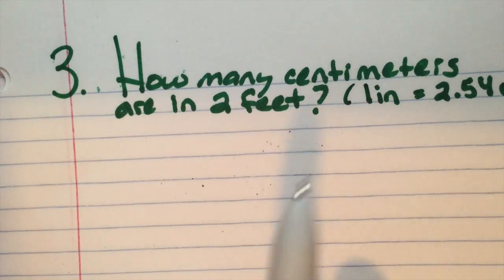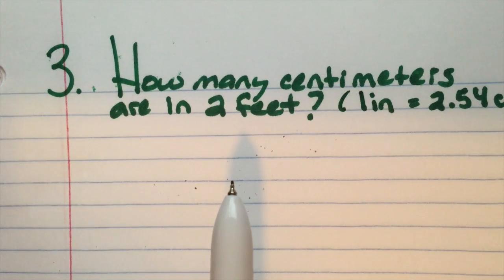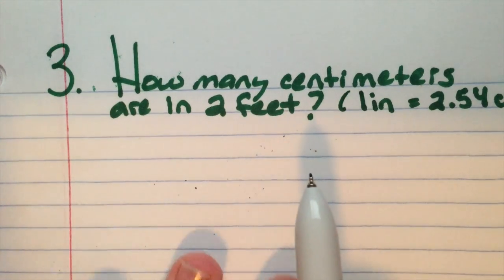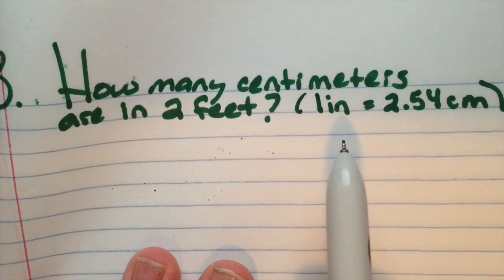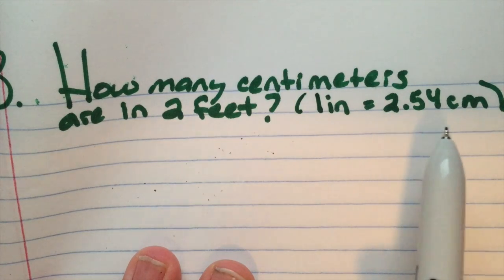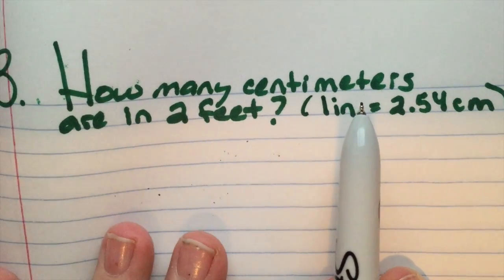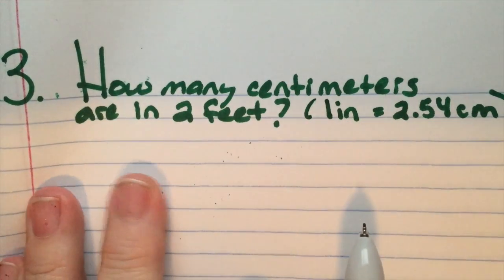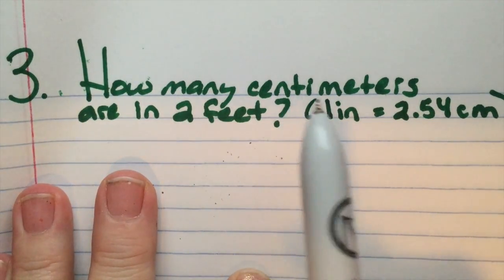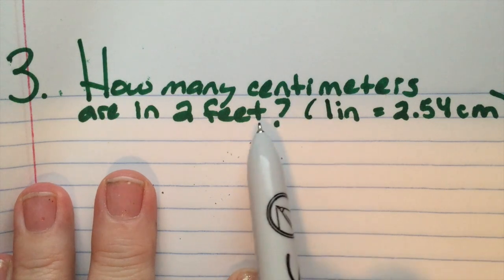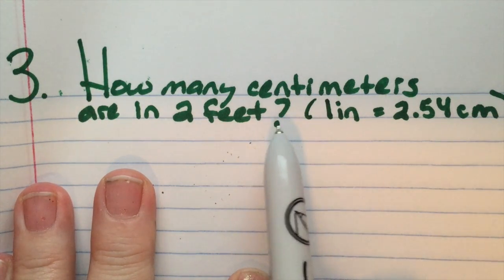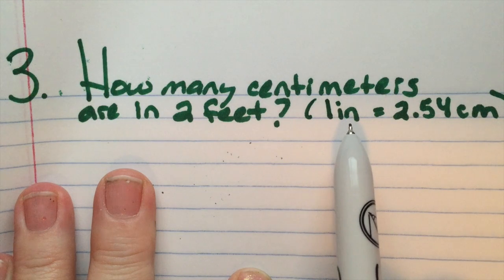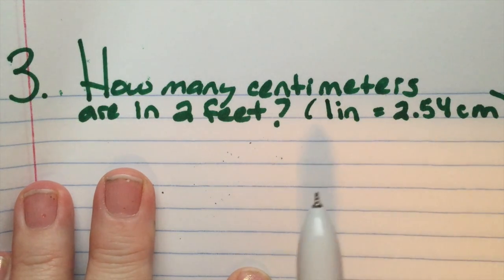Question 3 says, how many centimeters are in 2 feet? And then it gives you information. 1 inch is equal to 2.54 centimeters. So let's look at our reference material and see if anything can help us with this situation. I need to turn feet into centimeters, but my information gives me inches to centimeters.